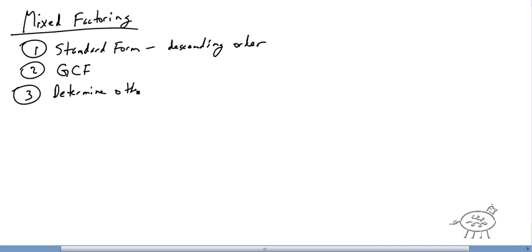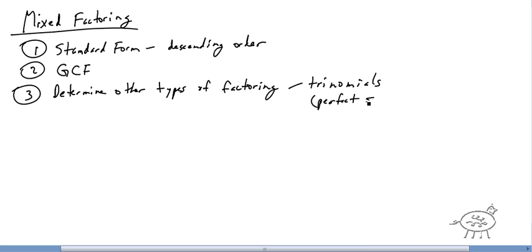other types of factoring. So we have trinomials. Included in trinomials are perfect square trinomials, which we just learned.